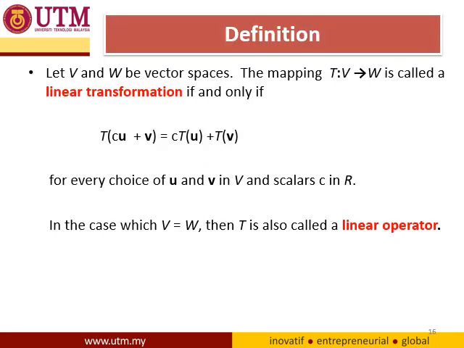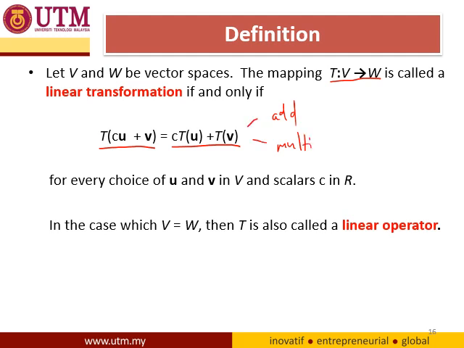Okay, now we look at the second definition. Let V and W be vector spaces. The mapping T from V to W is called a linear transformation if and only if the transformation of c multiplied by (u plus v) is equal to c times the transformation of u plus the transformation of v. Before this, we had addition and multiplication separately in the previous definition.